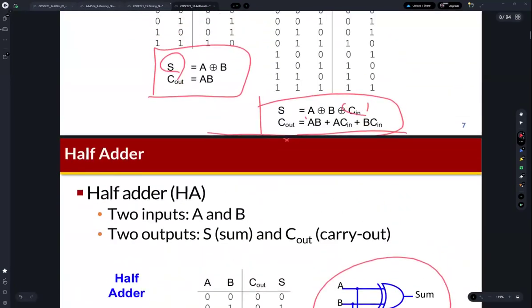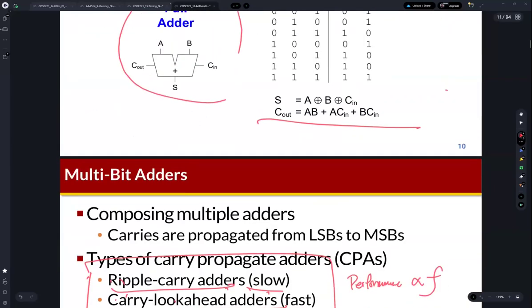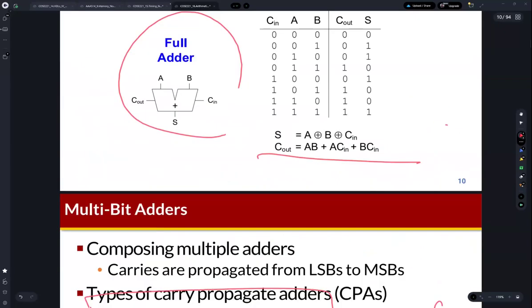The carry out of the full adder is AB plus AC plus BC. Right? So it includes the 2-input AND and 3-input OR.